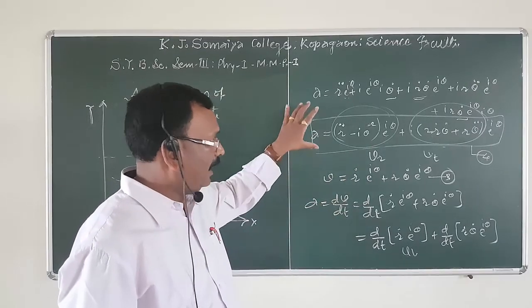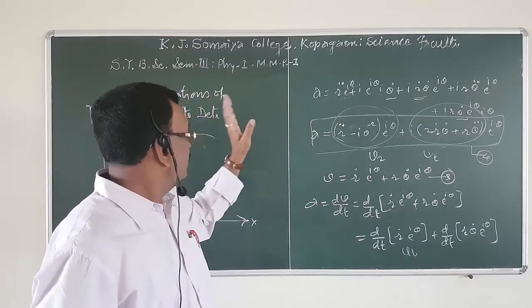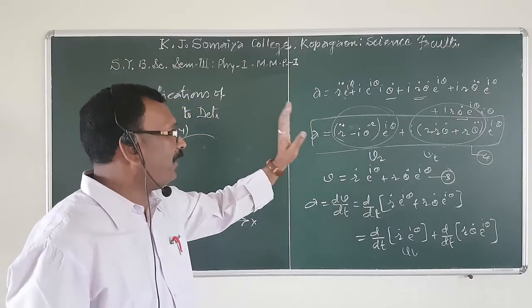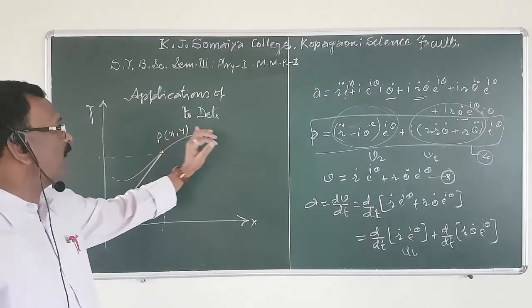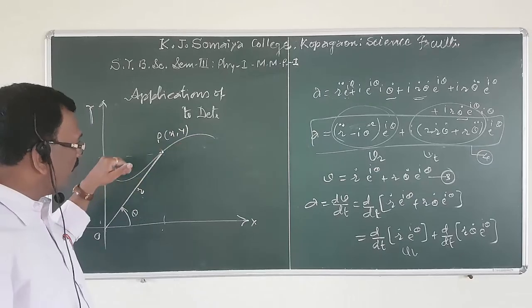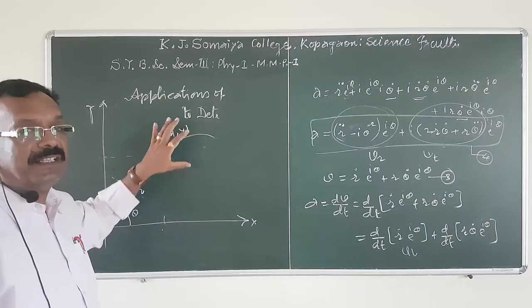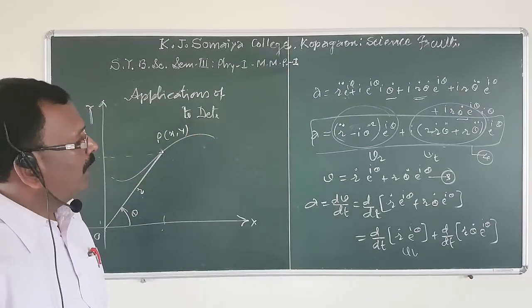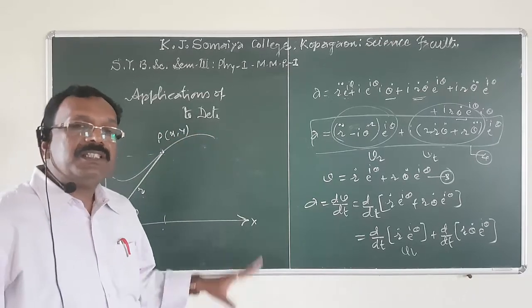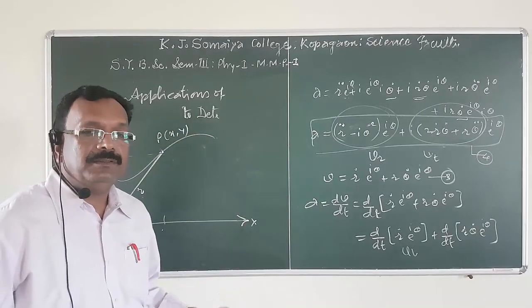In this way, again we determine the complex acceleration of a particle moving along the curve or moving in a curve motion on xy plane. Okay, we shall stop here. Have a good day. Thank you.